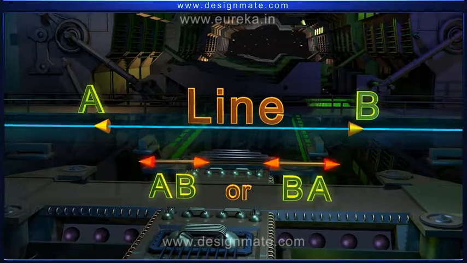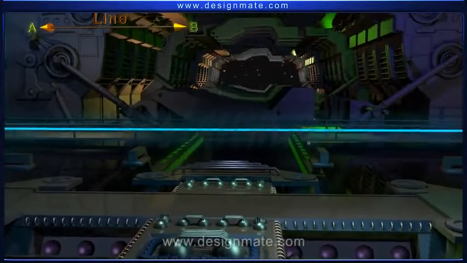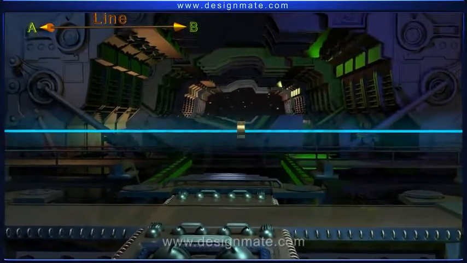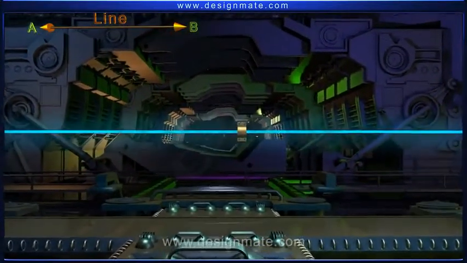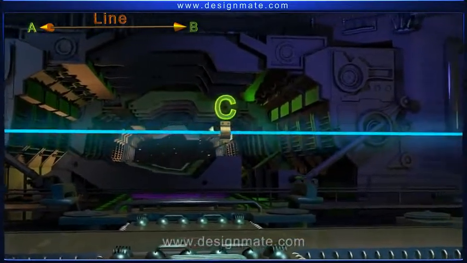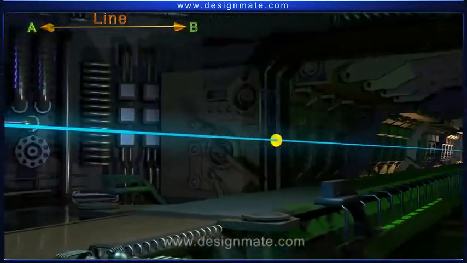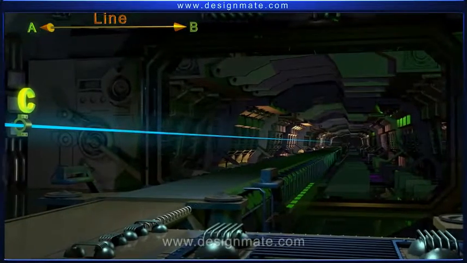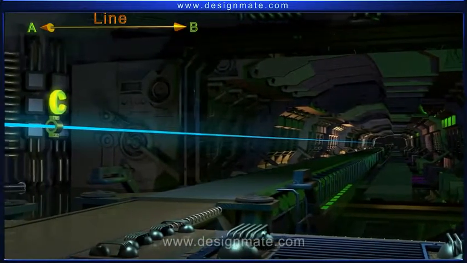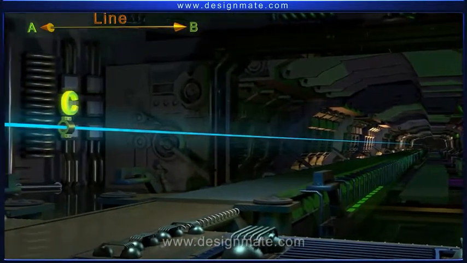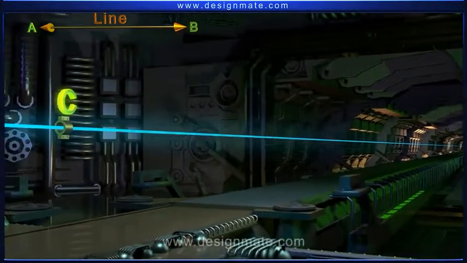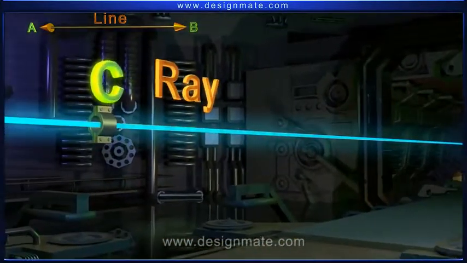arrow on the top. Now, let us fix one clamp on the wire. The starting point or initial point C is fixed, but the other side goes on extending infinitely. The geometrical shape has a starting point and the other end is extending infinitely. Such a geometrical shape is known as a ray.